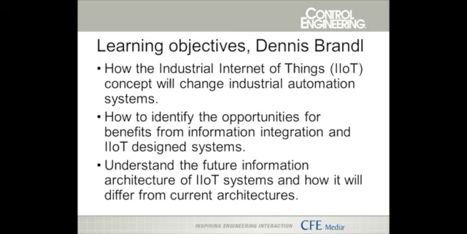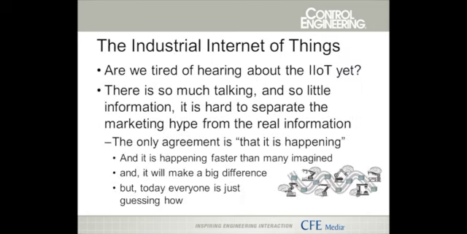One of the things is how it will change the industrial automation systems that we currently use today, how to identify some of those opportunities and benefits that are going to come as a result of integrating all the information in a facility, and using IIoT design systems. And more importantly, understand what the future information architecture is going to be in this industrial Internet of Things world that we're moving into, and how it's going to differ from what the current architectures are that we are using.